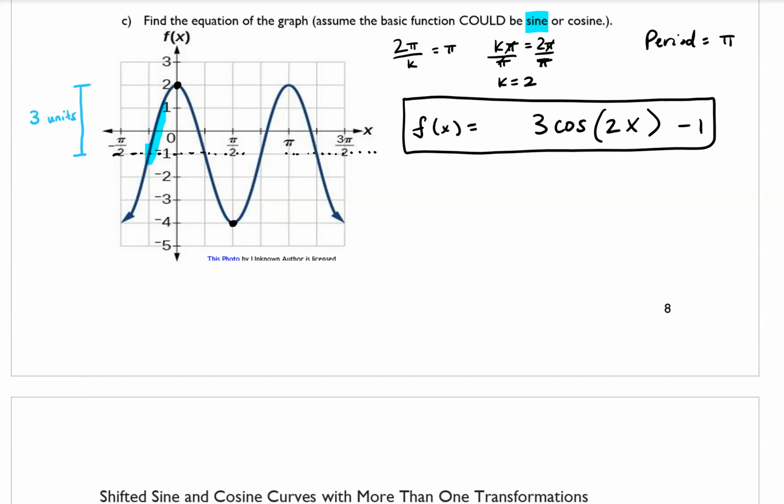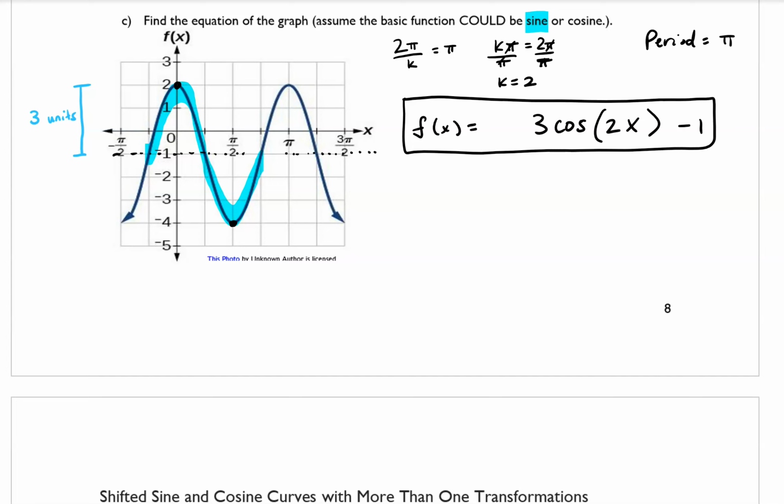And so our sine graph is going to look a little bit different than cosine, and it's this region here that I'm highlighting in blue. And we start there at the center, and the amplitude in this example is going to be the same, but notice that this one has a phase shift since we are not starting on the y-axis.